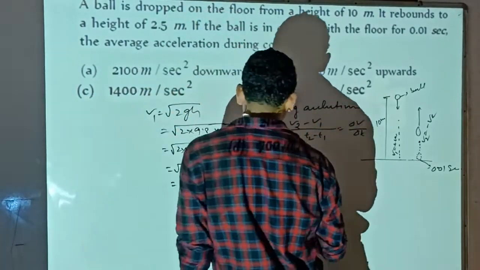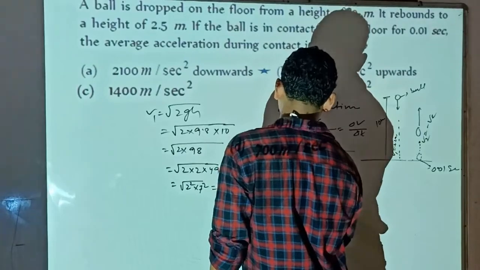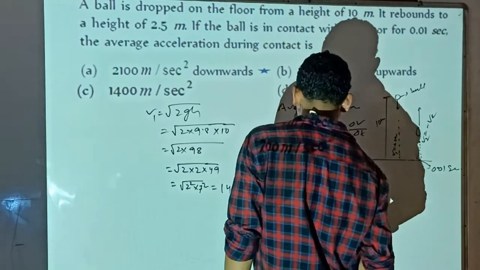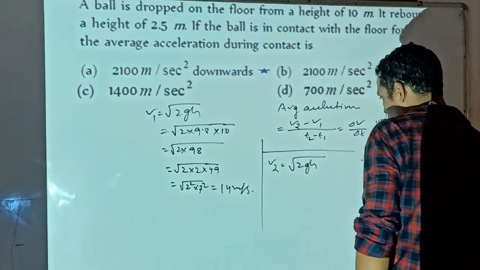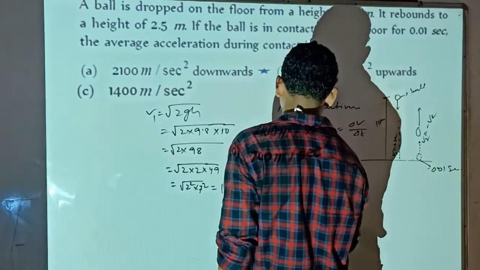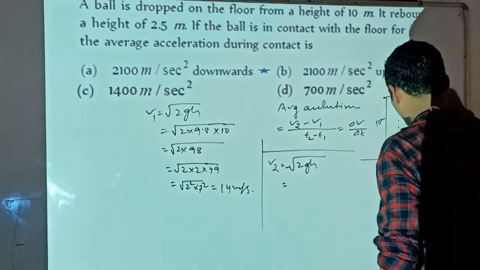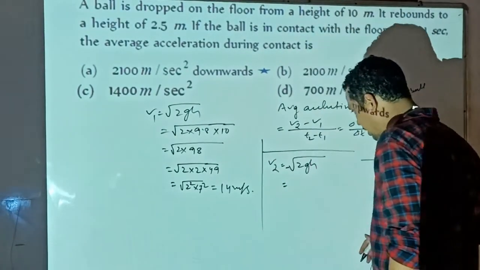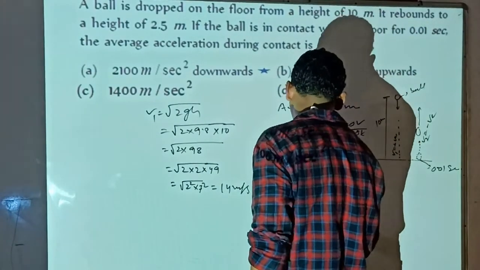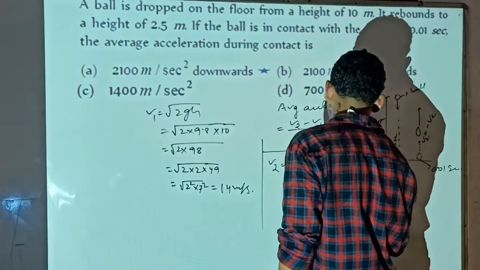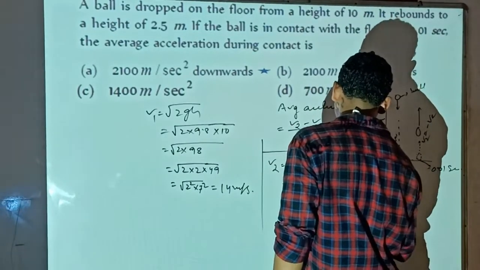That is your v1. And for v2, root over 2gh. So we are taking it negative since it is going against gravity. So for against gravity, velocity will be negative. So that is your negative root over 2 into, again we are taking the value of g as 9.8, multiplied by h.